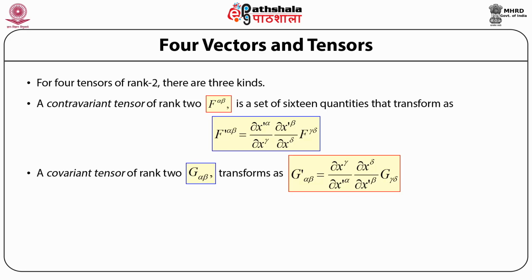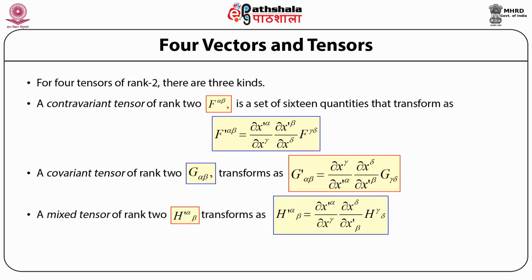And the third of the 4 tensors of rank 2 is called the mixed tensor of rank 2 and is denoted by h superscript alpha subscript beta and transforms according to the rule h prime superscript alpha subscript beta is equal to partial derivative of x prime superscript alpha with respect to x superscript gamma, whole times partial derivative of x superscript delta with respect to x prime superscript beta, whole times h superscript gamma subscript delta.